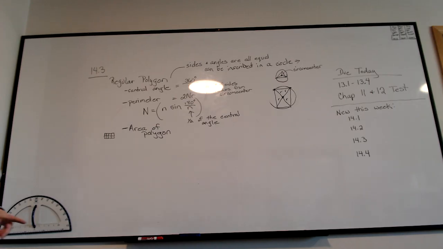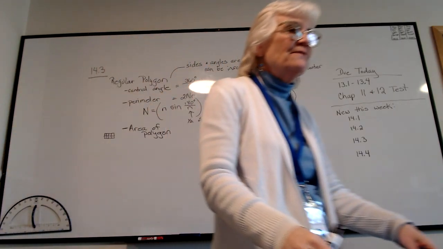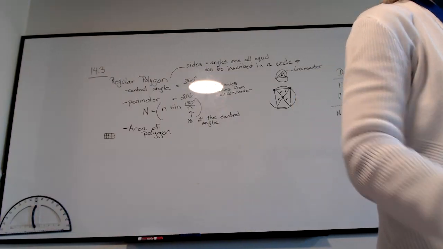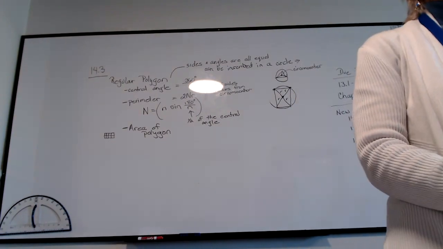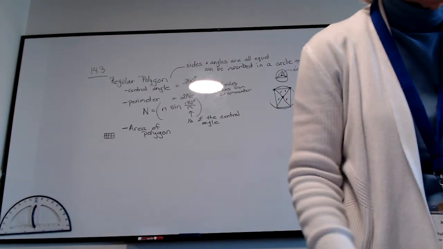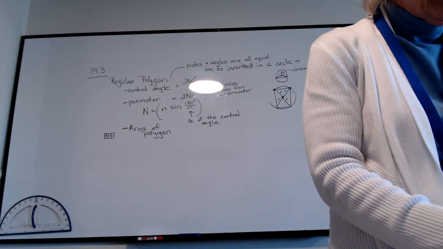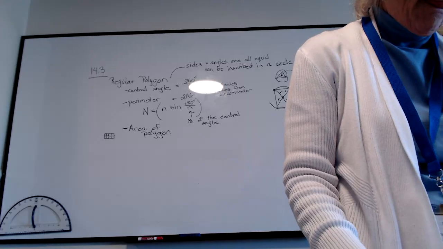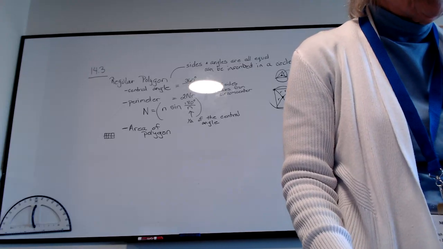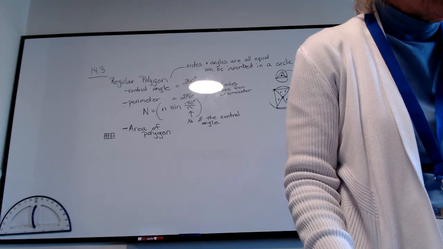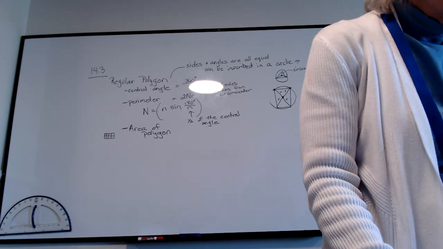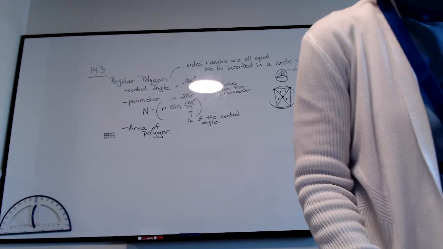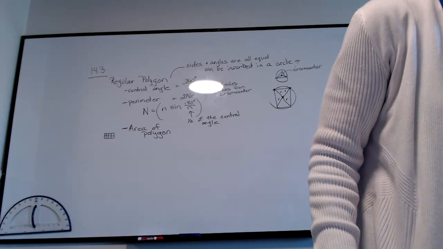So there is a formula that is very similar to our perimeter formula, and I don't have it memorized, so I have to look it up. The area of a regular polygon is found by this.